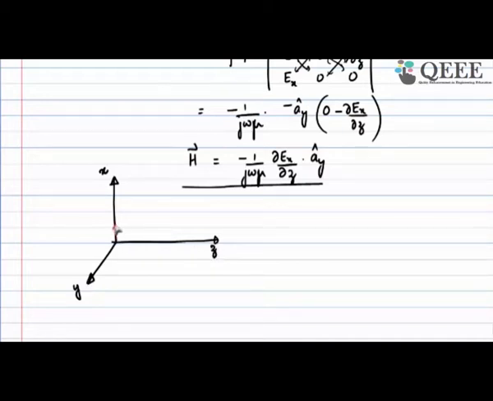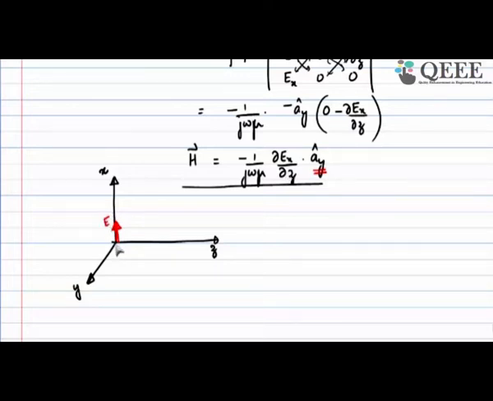Electric field is along the x direction is what I have assumed. This is giving me a magnetic field which is along the y direction. Of course, there is a minus ay, depending on what the result of this derivative is. I could have a plus or a minus, but in general let me say it is in the y direction.